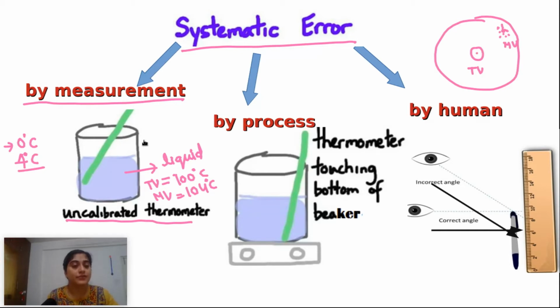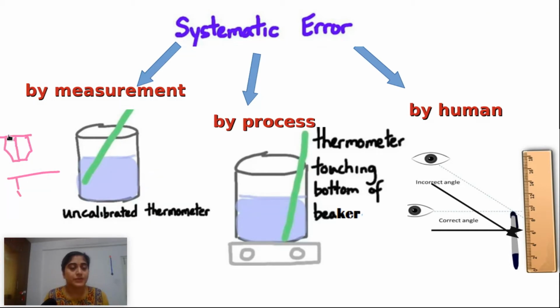Similarly, like I told you for the vernier calipers, when both the external jaws of the vernier calipers are closed, the zero line of the vernier scale should match with the zero line of the main scale.